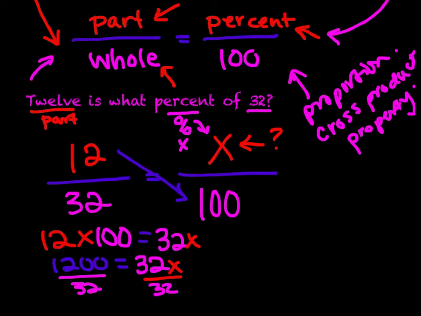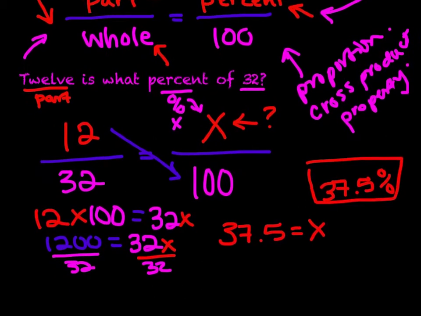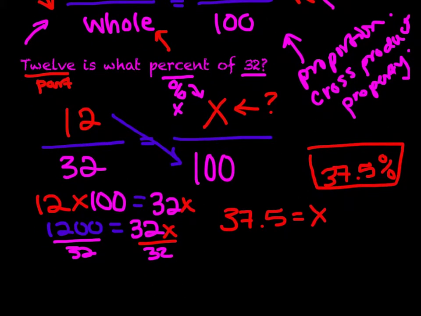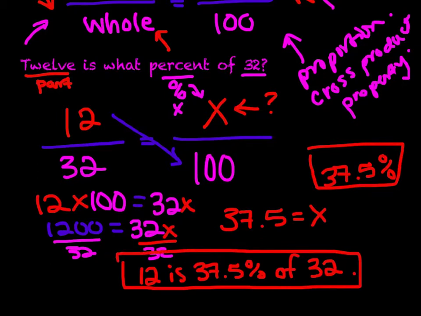So 1200 divided by 32 equals 37.5, which is equal to our x. So that is 37.5%. So 12 compared to 32 is 37.5% compared to 100. So we could also say our final answer is the following. We could say 12 is 37.5% of 32. So that could be our final answer.